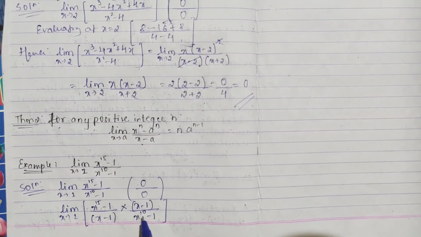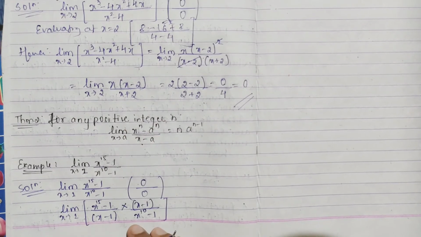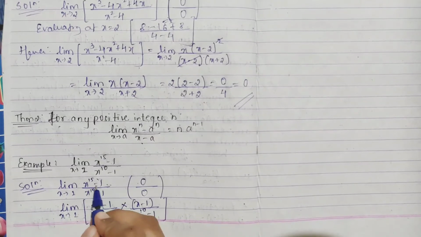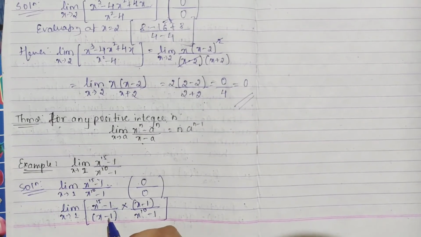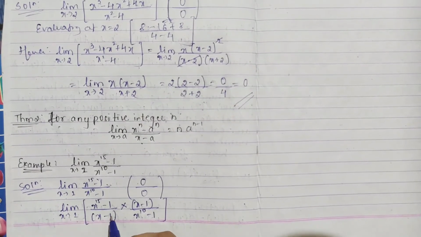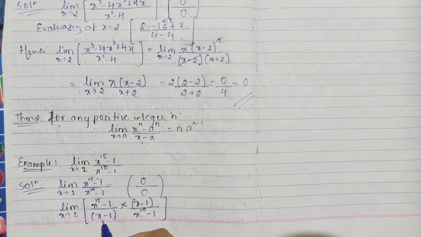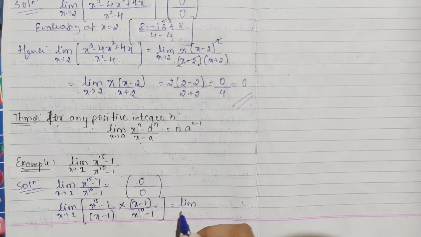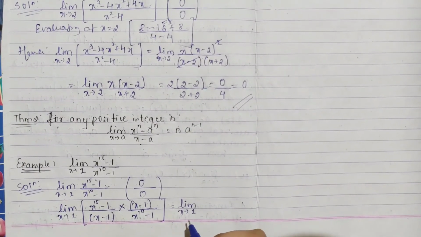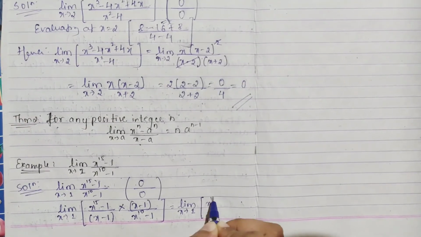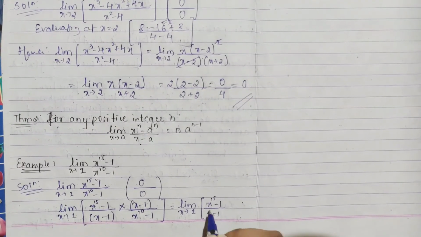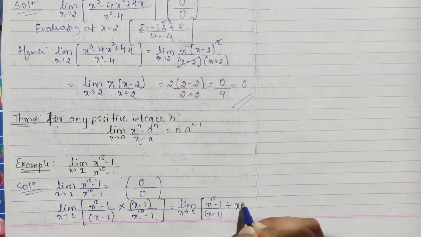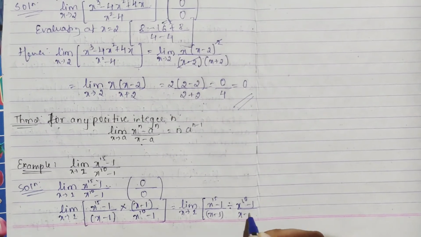If I want to make it like this, how can I do it? Division goes, here it becomes multiplication, right? Separately I write into 1 by (x raised to 10 minus 1), so I am multiplying and dividing it by x minus 1. So again I can write limit x tends to 1 of (x raised to 15 minus 1) divided by (x minus 1), and this goes to the division part, so (x raised to 10 minus 1) divided by (x minus 1).